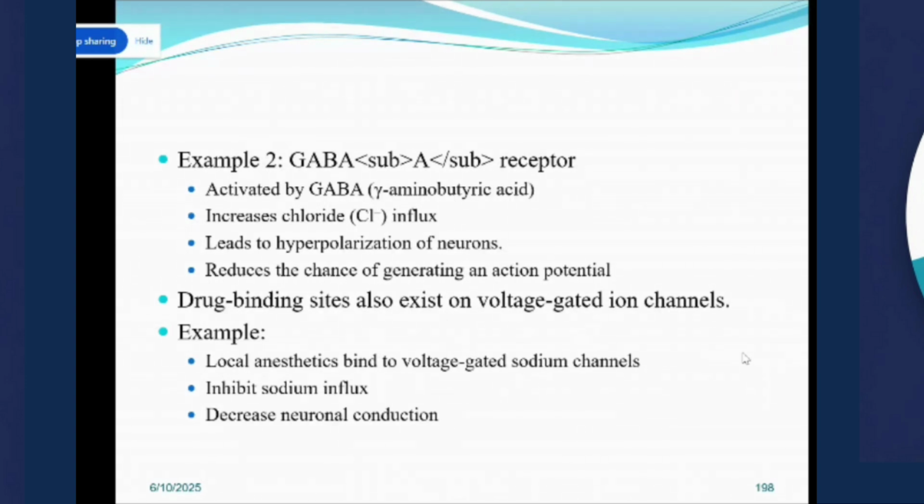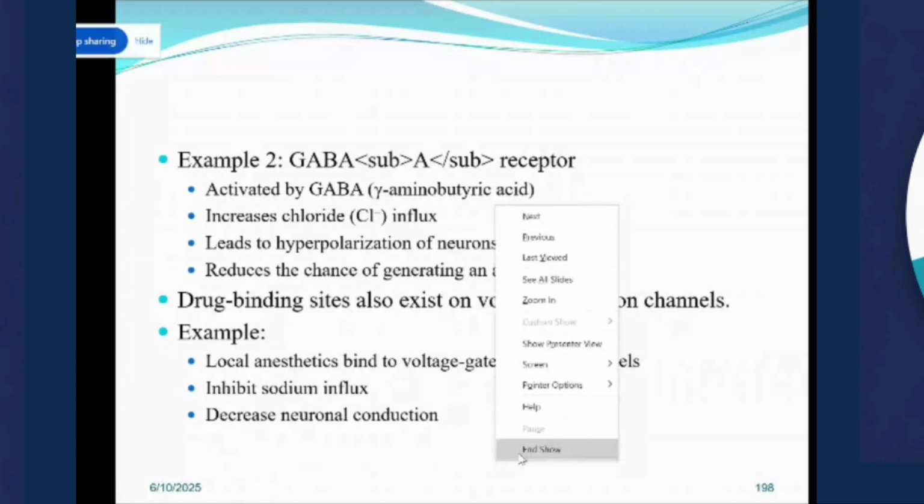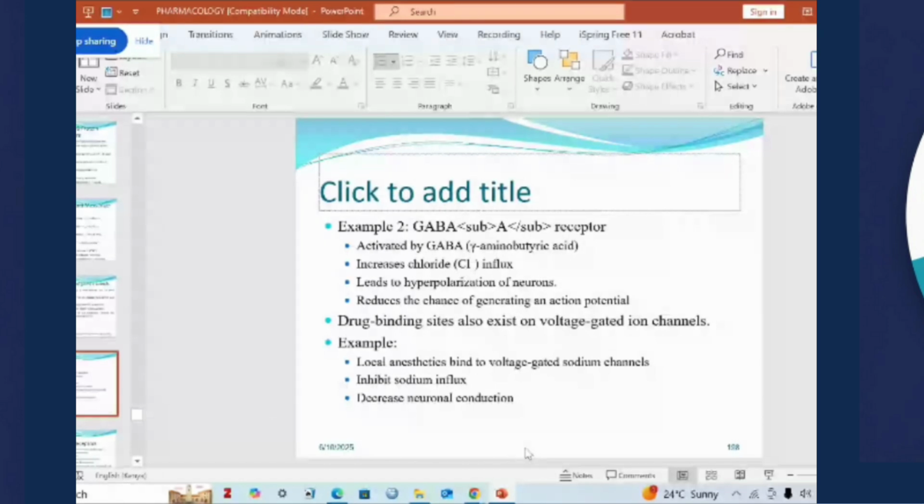So what effect will it be if we are doing GABA effects, for example, on the skeletal muscle? What will be the difference in the skeletal muscle between GABA excitation and nicotinic excitation?